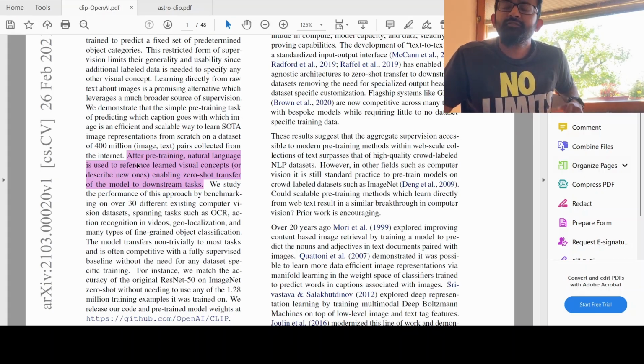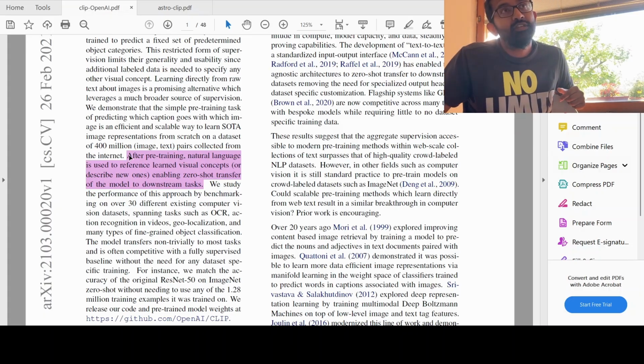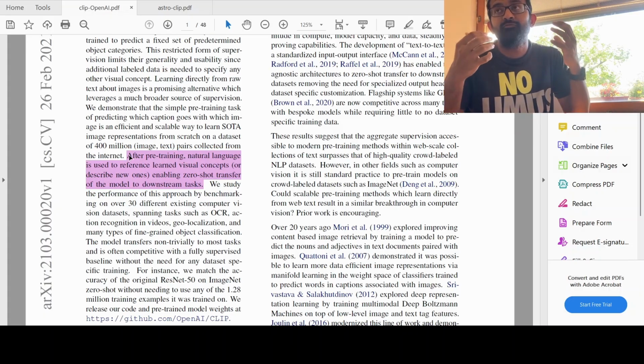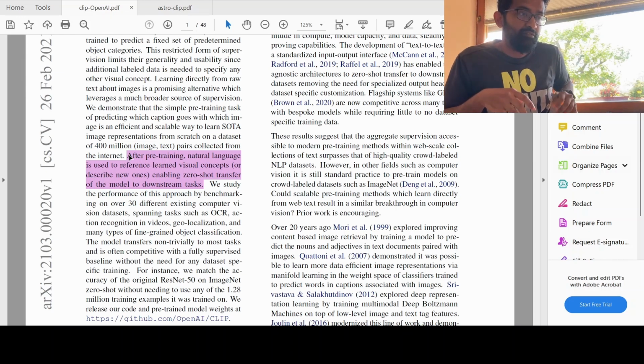Now that we have this true image and text pair representation, think of it like this: if I randomly combine them, I basically have a dataset of 400 million squared, because when I randomly combine text-image pairs, I can have N squared representations.